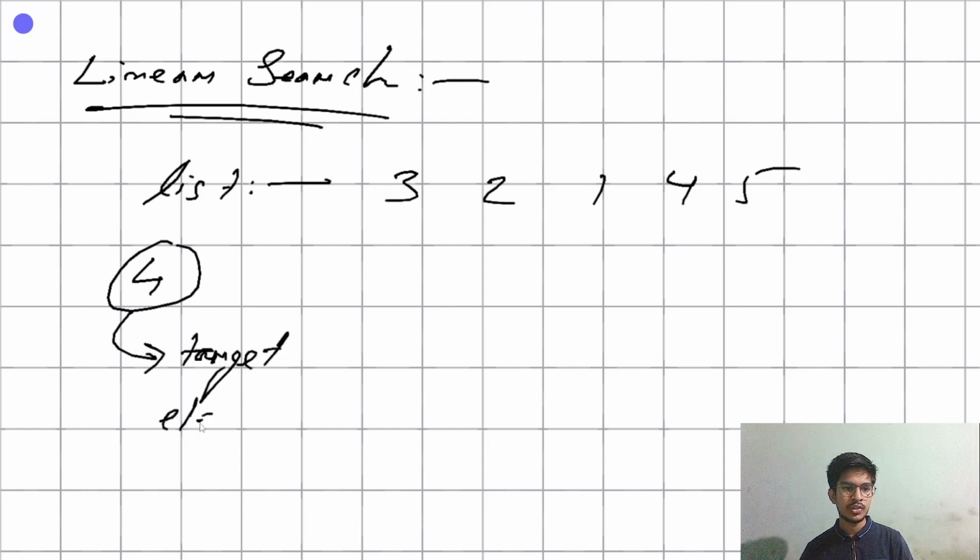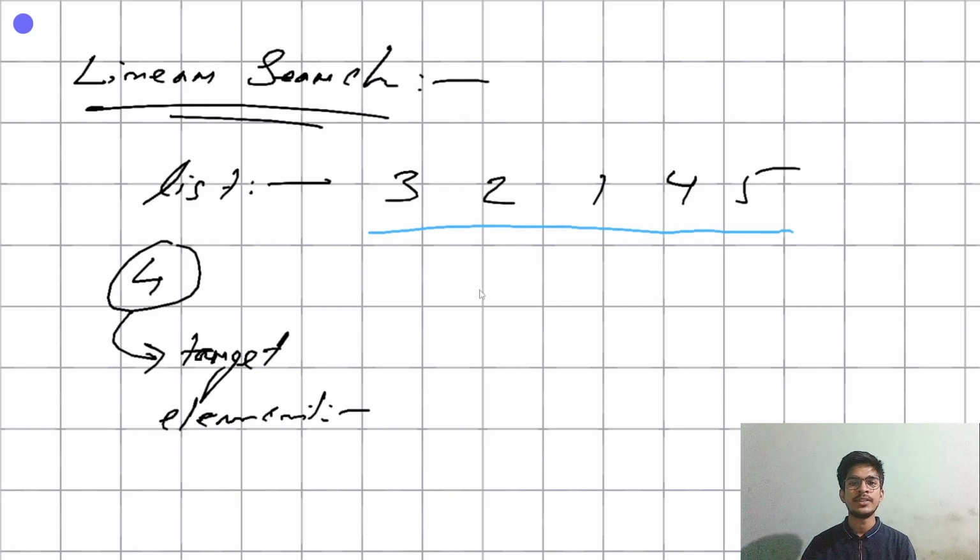Okay, so what will we do? Suppose we want to get the index of the element 4 in this list. We want to know where this 4 lies in this particular list.